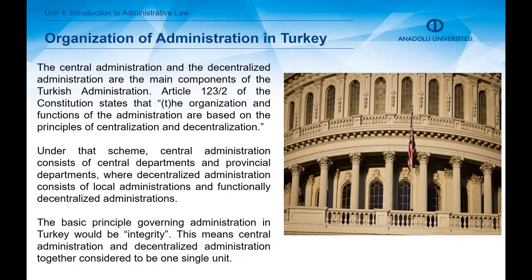Under that scheme, central administration consists of central departments and provincial departments, where decentralized administration consists of local administrations and functionally decentralized administrations. The basic principle governing administration in Turkey would be integrity. This means central administration and decentralized administration together considered to be one single unit.